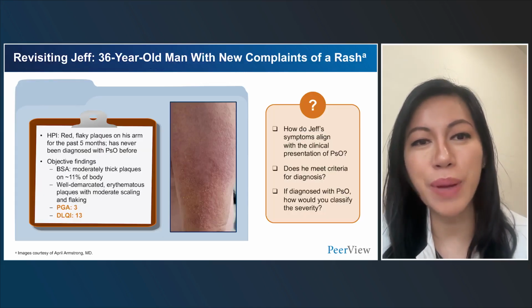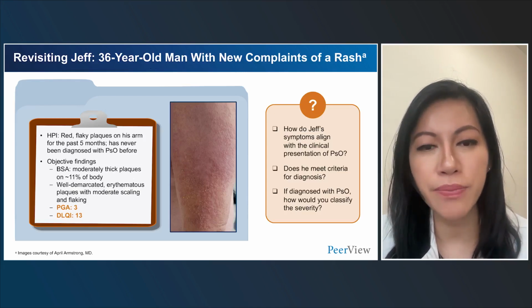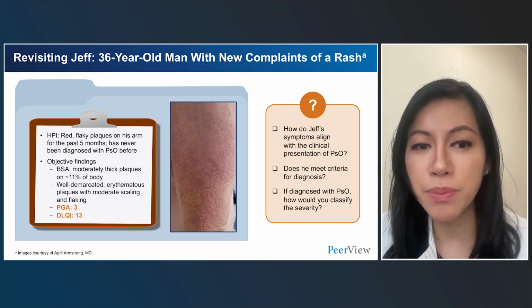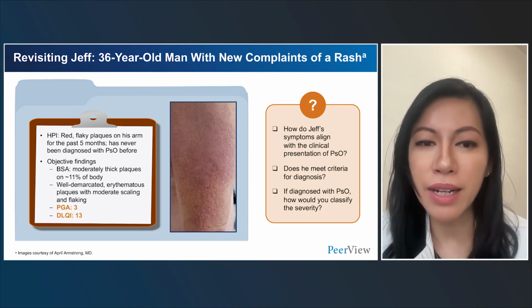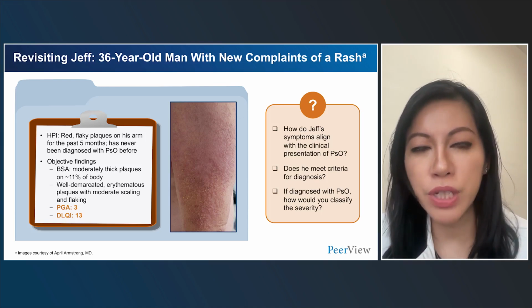And now let's revisit Jeff and look at some of the severity measures. You will see that Jeff has about 11% body surface area of these plaques involved. So this is important. This is above 10%. So this automatically puts Jeff in the category where we think about systemic therapies. His PGA is 3, which is moderate.